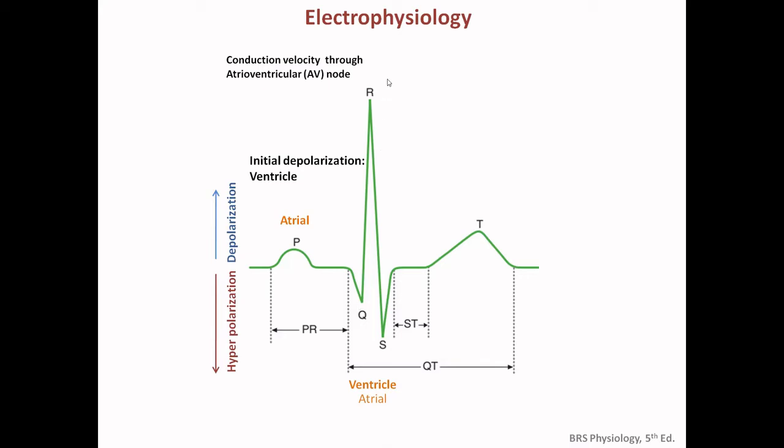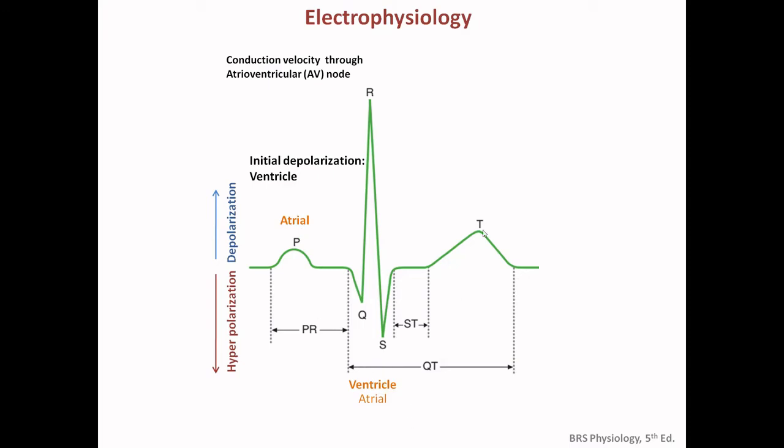And this QRS, the initial depolarization means a sudden influx of ions into the heart muscle, so that there will be a sudden contraction. So QRS is the ventricular contraction, and because of this, we cannot see the repolarization of the atrium. It is hidden inside it.